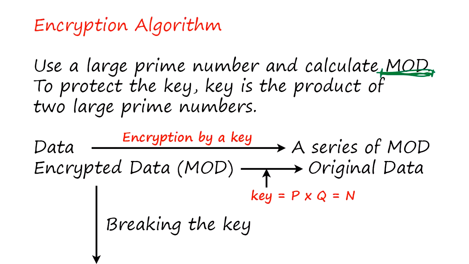But in order to do that, we have to use a very large prime number, because with a small prime number, anybody can try it out, guess, and break the code.